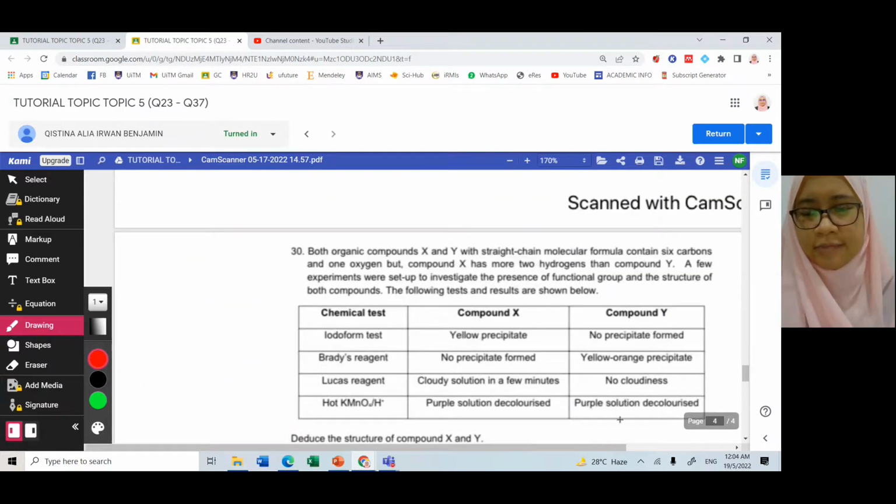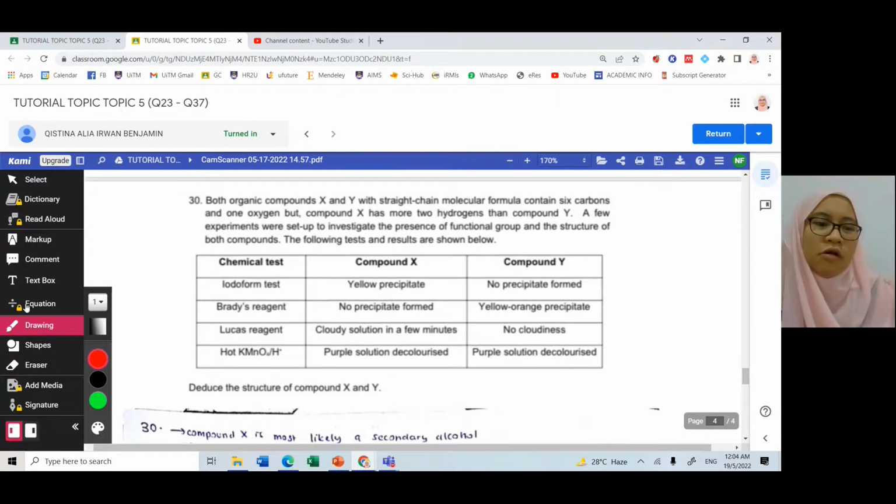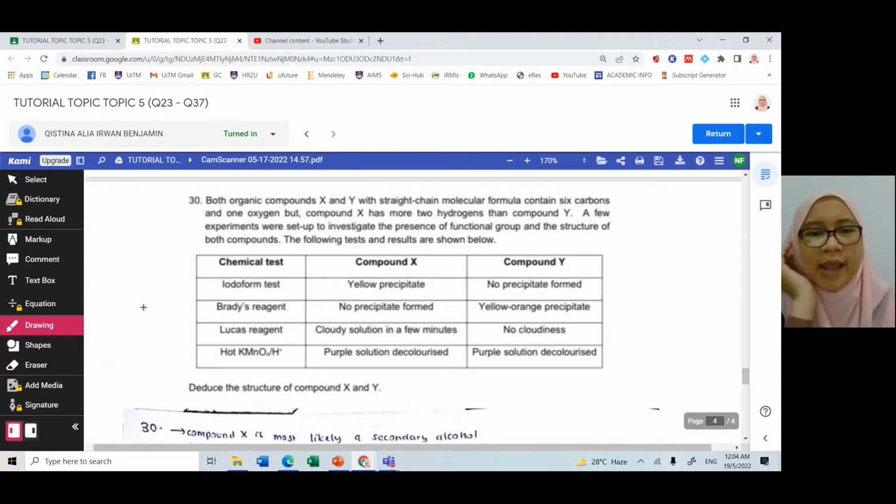Right, then next, number 30. Both organic compounds X and Y with straight chain molecular formula contain 6 carbon and 1 oxygen. So both of them will have 6 carbon, and hydrogen, we don't know how many.